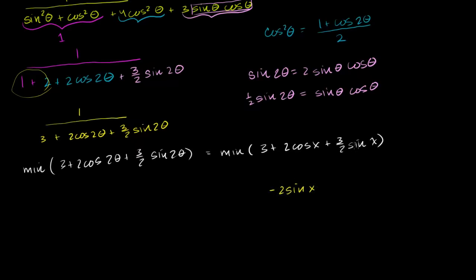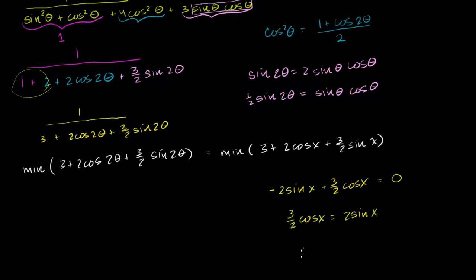Derivative of 3/2 sine of x is going to be plus 3/2 cosine of x. And then that is going to be equal to 0. We want to find where the slope is 0, because that's either going to be a maximum or a minimum point. And let's see, we could add 2 sine of x to both sides. So we get 3/2 cosine of x is equal to 2 sine of x.